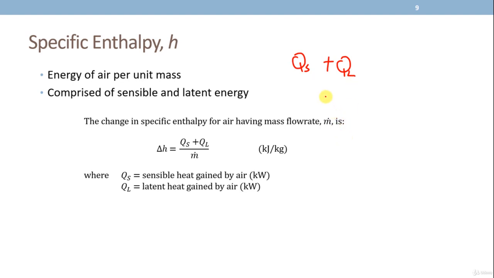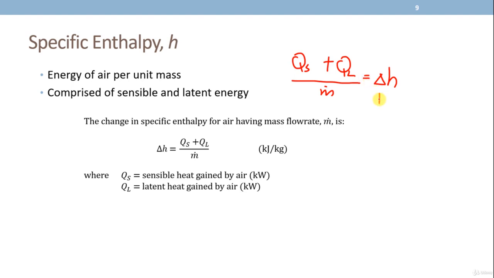These two heat contents, you divide by the mass of the air. That's why there's the word specific there, specific enthalpy. So if you divide by the mass, then it will give you the change in enthalpy.